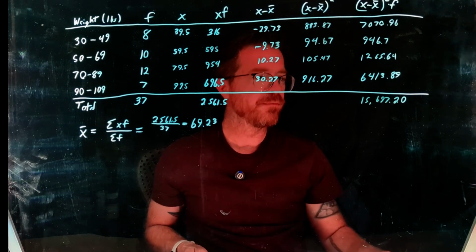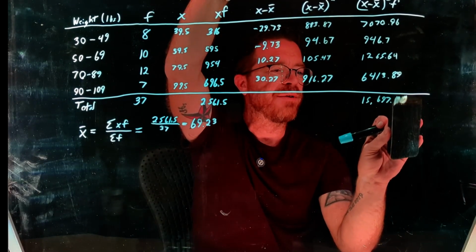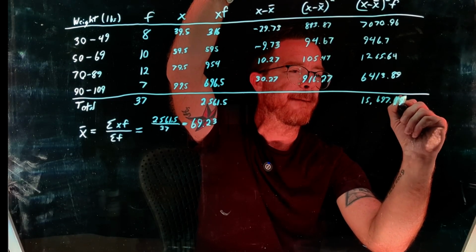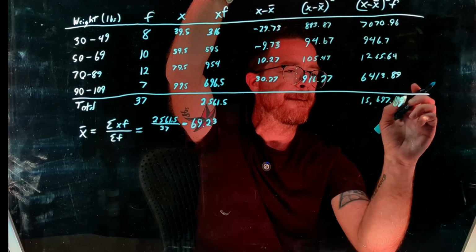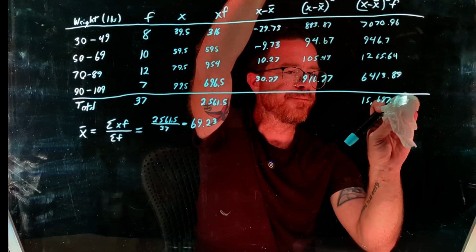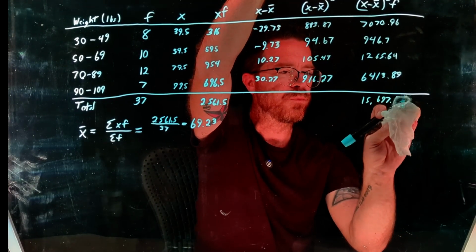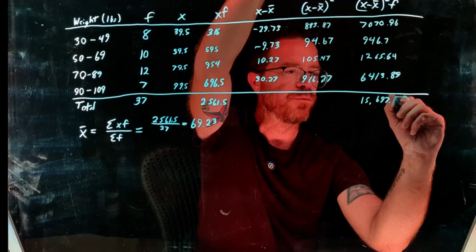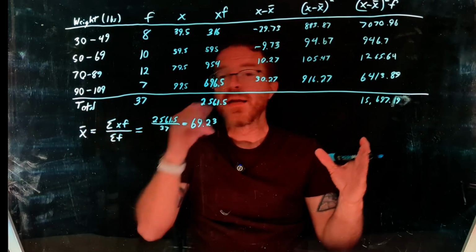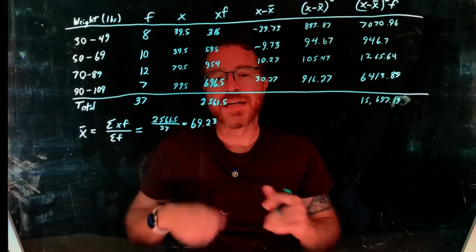Oh, sorry. My calculator rounded. This would actually be 0.19. So now we have everything we need to calculate our variance and our standard deviation.